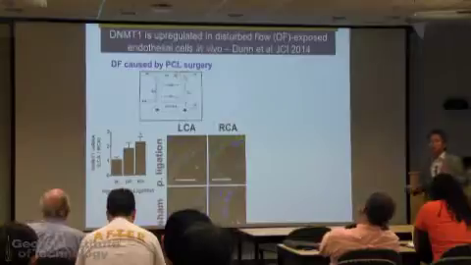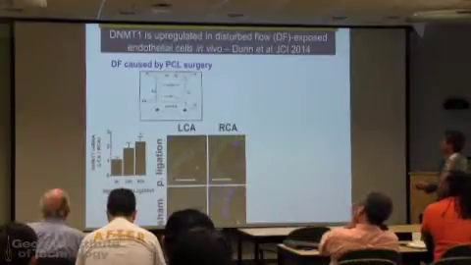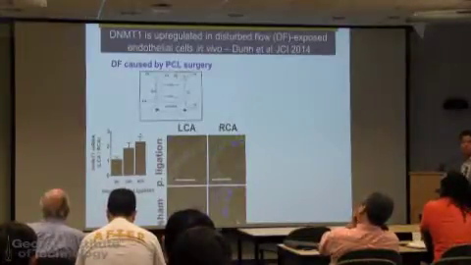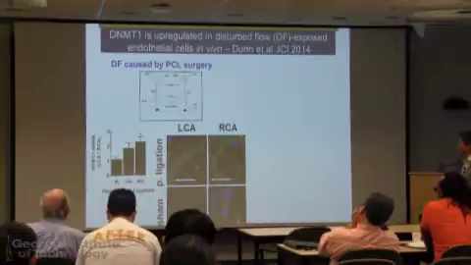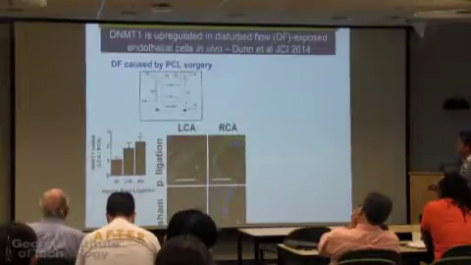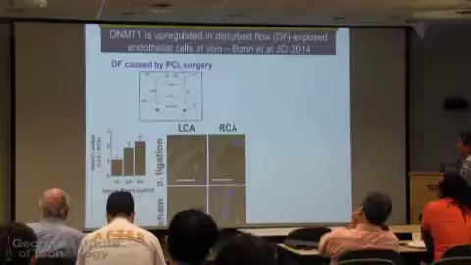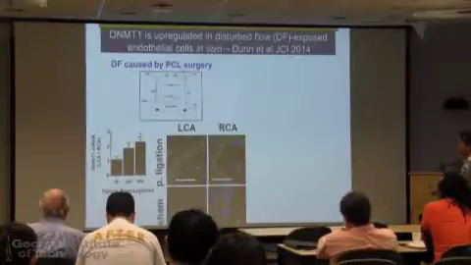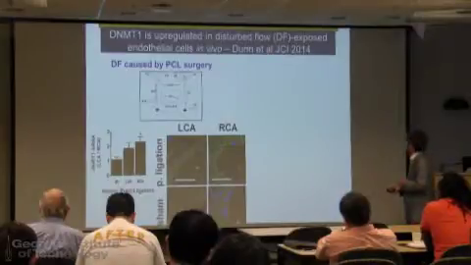So the first step was to really confirm our finding, whether the DNMT1 gene goes up at the gene and protein levels. And here is immunostaining showing that the DNMT1 protein level goes up in the flow-disturbed LCA area compared to the control side. And these are shams, showing no signs of DNMT1 protein expression.